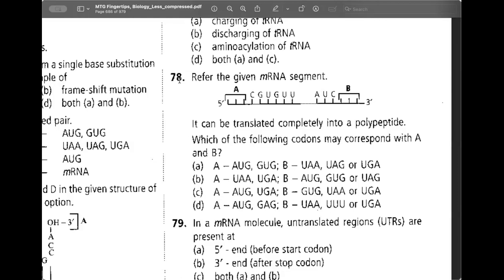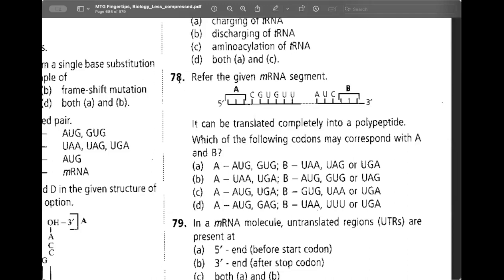Yes, initiator is just AUG. So AUG is initiator, but if you have to choose anything apart from AUG that can still make translation happen, then it's GUG. Okay, AUG and GUG. So option A, you see AUG and GUG. So this is not in NCERT again. I was just giving you an example, but B is there in NCERT, right? All the three stop codons, UAA, UAG, and UGA are there in NCERT.